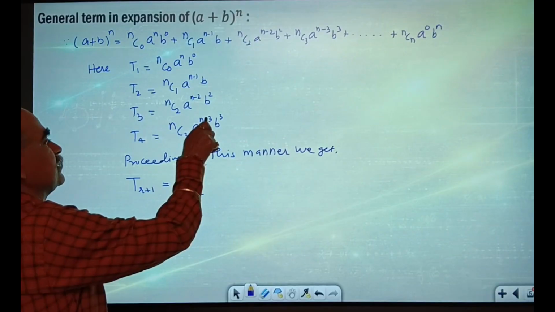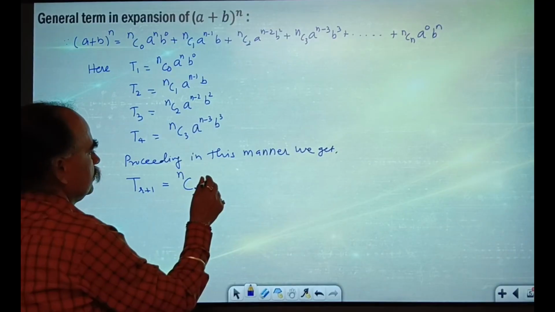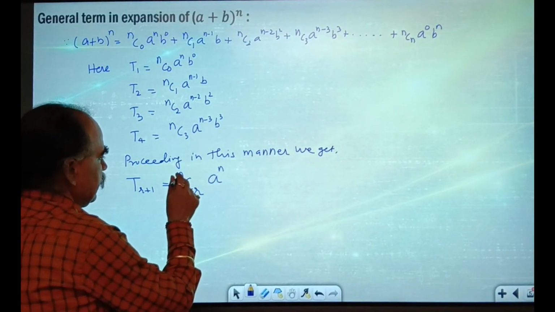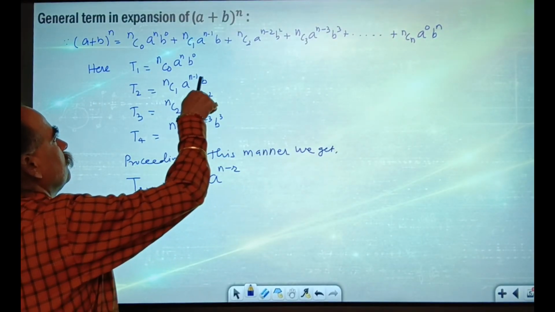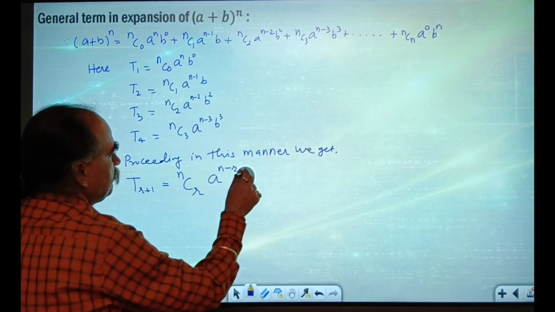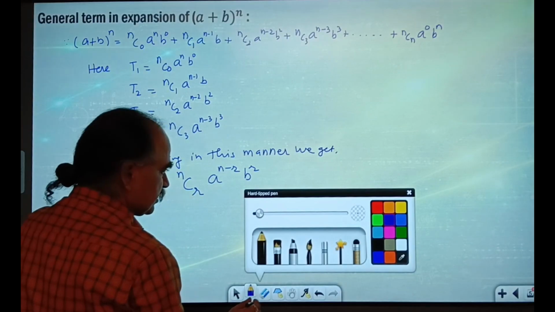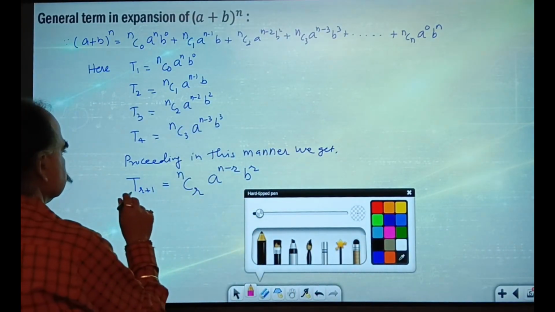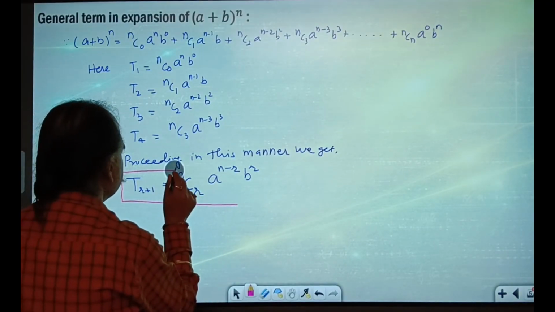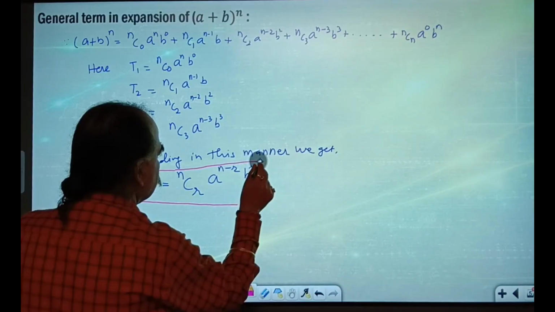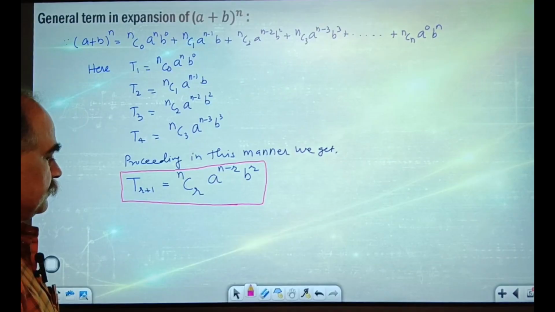A's power n minus 3, n minus 2, n minus 1, n minus 0. Here A's power n minus r. B's power same number 2, 1, 0. Here B's power r. This is general term in the expansion of (a plus b) raised to n.